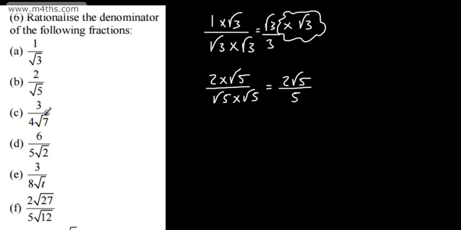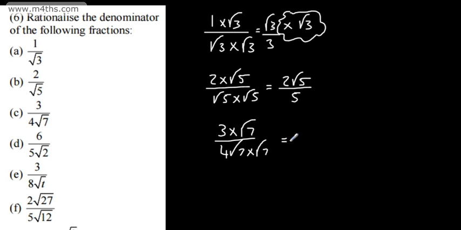With this one here, what we've got is 3 over 4 lots of the root of 7. We don't need to multiply the numerator and the denominator by 4 root 7, we'll just multiply it by the root 7. So we'll have 3 multiplied by the root 7, over 4 multiplied by the root 7 multiplied by the root 7.